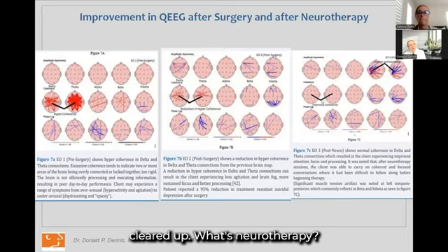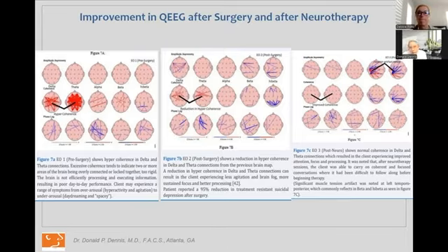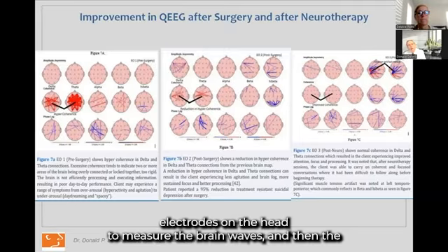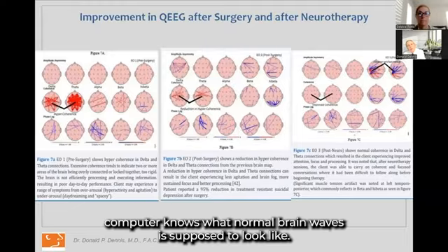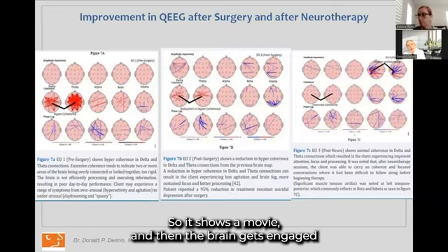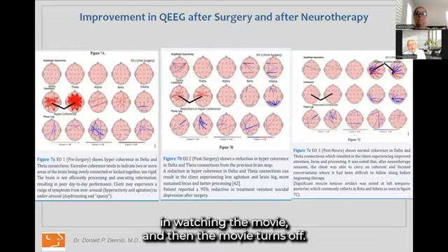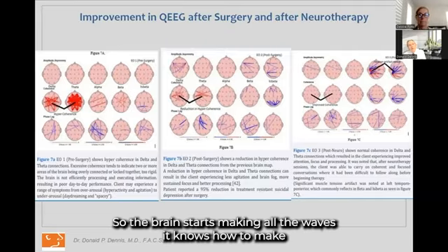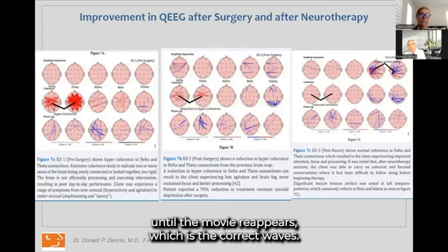So what is neurotherapy? It's passive. You put electrodes on the head to measure the brain waves, and the computer knows what normal brain waves are supposed to look like. It shows a movie, and the brain gets engaged in watching the movie, and then the movie turns off. The brain starts making all the waves it knows how to make until the movie reappears, which is the correct wave.